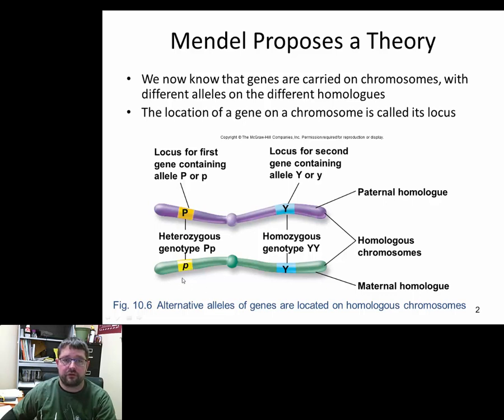In this case, this individual would be a heterozygote. They got a dominant variety from their paternal line, from their dad's line, and they got a recessive variety from mom, or the maternal line. You could also get a dominant from paternal and a dominant from maternal, and therefore you're considered a homozygote for a certain genotype. So hopefully that makes sense.